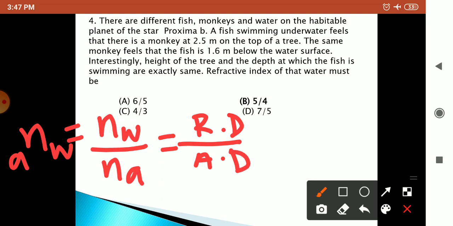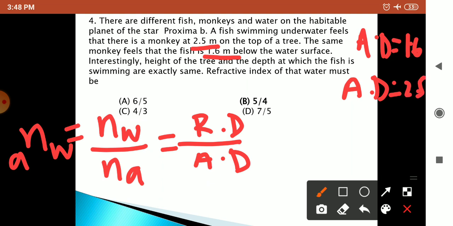In the first case, the monkey is looking at the fish, which appears 1.6 meter below the water surface. So it is the apparent depth for the monkey. Apparent depth is equal to 1.6. And according to the fish, the monkey is at 2.5 meter from water to the rarer medium, so the apparent depth according to the fish is 2.5.